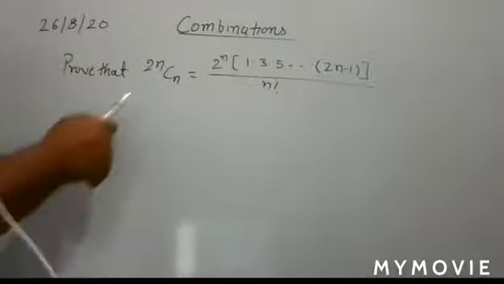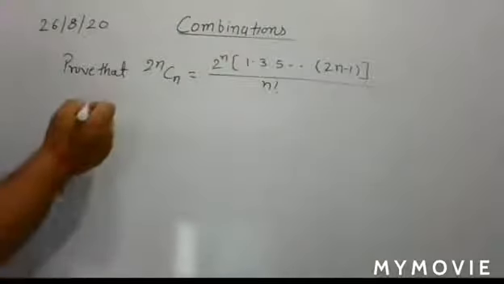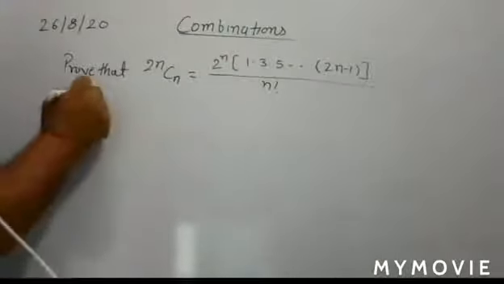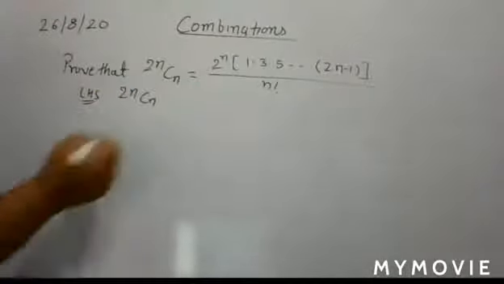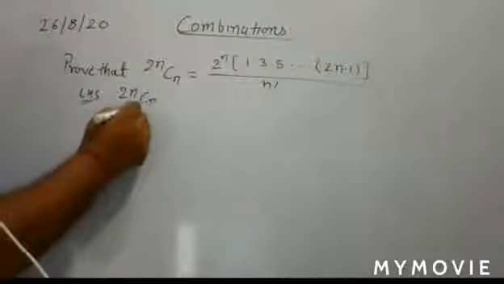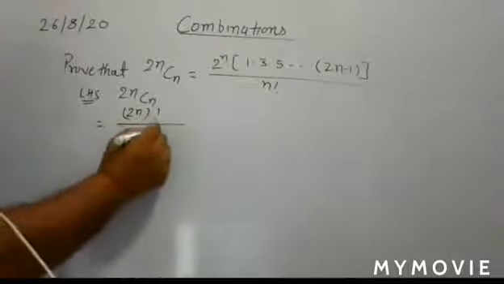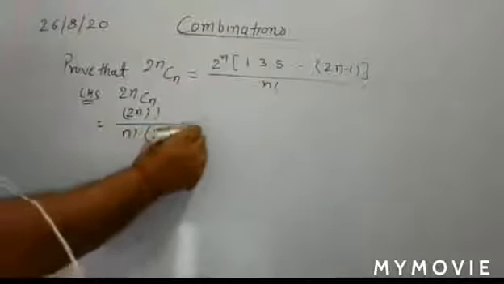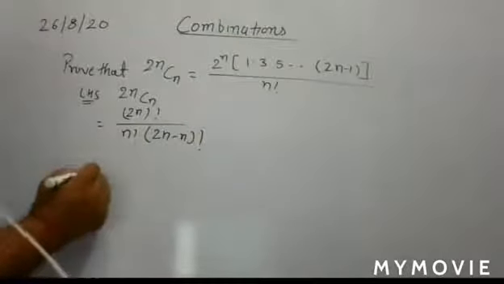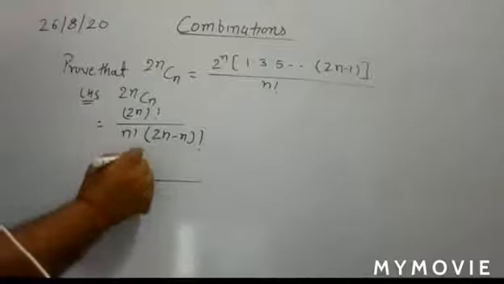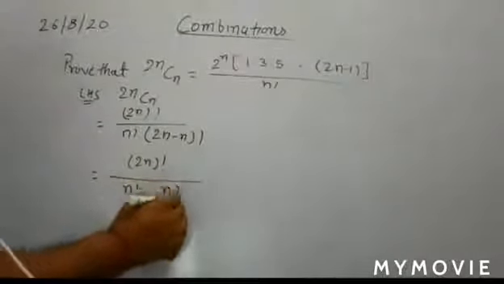Understand? So here you take the left side and apply the formula for nCr. So 2nCn is equal to factorial 2n divided by n factorial into 2n minus n factorial. 2n minus n factorial you can write in this way, and this is also equal to 2n factorial upon n factorial into n factorial.